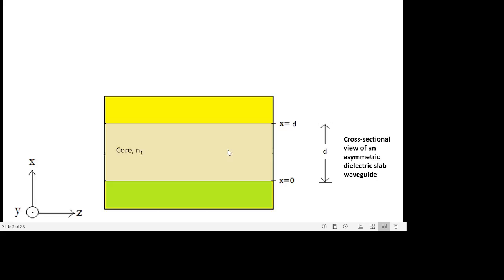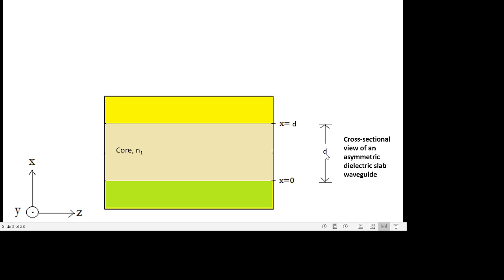So to start with, I'm going to show you the cross-sectional view of this asymmetric dielectric slab waveguide. Basically, it is a sandwich of 3 layers, with the middle layer as the core. The core has a refractive index n1.